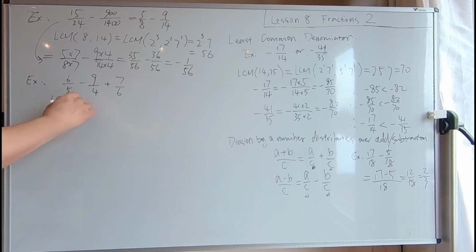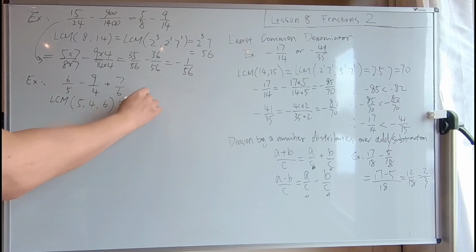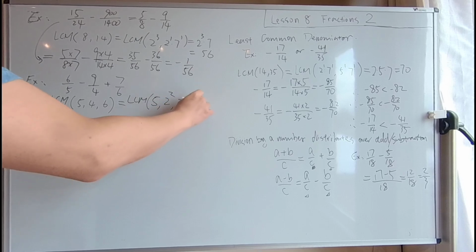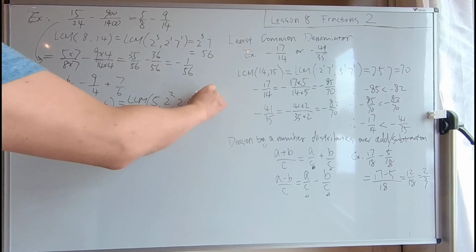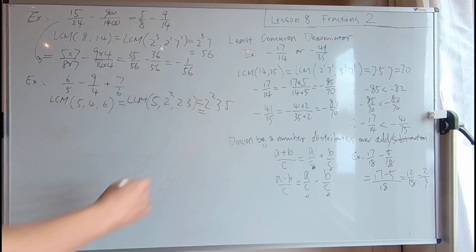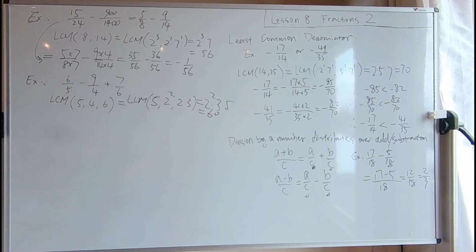So it's really just the LCM of the 3 denominators. That would be 5 is just 5, 4 is 2 squared, 6 is 2 times 3. So I have 2 squared, I have a 3, I have a 5. So it's 60. So 60 is the least common denominator.